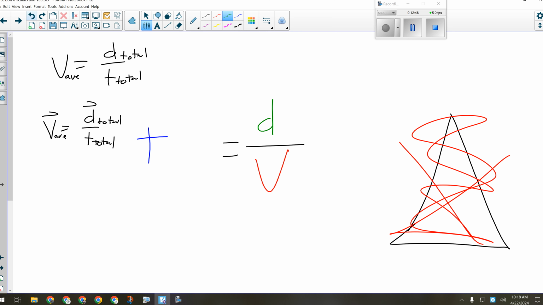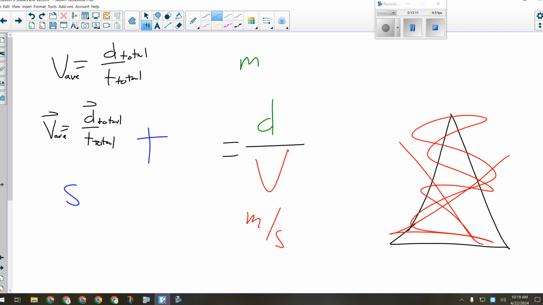You can also always double check to see if you've done it right by plugging in the units. Typically, time would be measured in seconds. Typically, distance would be measured in meters, and typically v would be measured in meters per second.